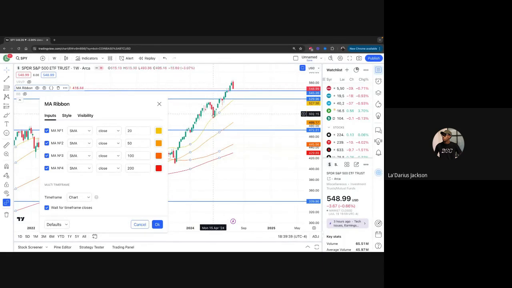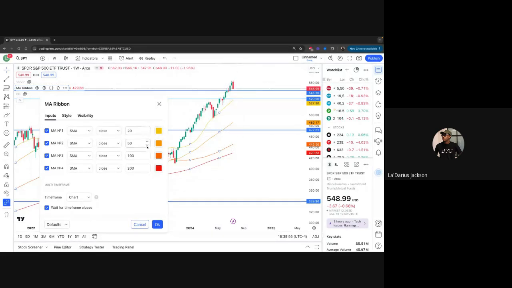You can see in this area, what is this, back in April? Yeah, back in April, the stock was running up. And then once it sold off, it came into contact with this yellow line, the 20, and then it bounced right off and went on a crazy run, right?